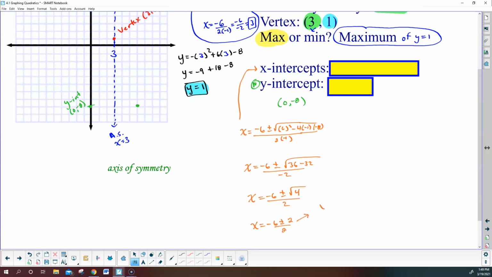And then I can write both answers as -6 plus 2 over 2 and -6 minus 2 over 2, which is -4 over 2 or -2. And x is equal to -8 over 2, which is -4. Now, because I got 2 really nice answers, that actually tells me that this is definitely factorable.